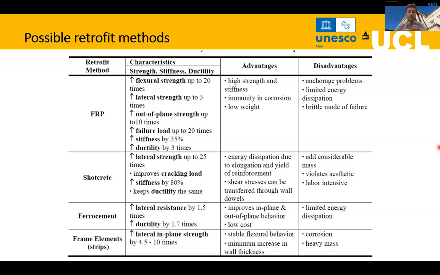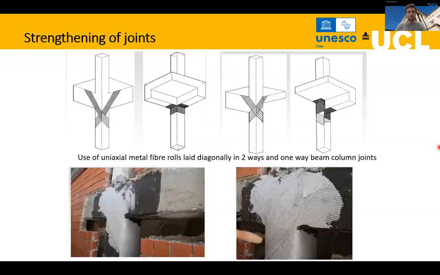It does not dissipate any type of energy, and the brittle mode of failure may also be a problem, while the shotcrete can dissipate some energy, and the shear stresses can also be transferred to these new elements. But on the other side, it will add a lot of mass and maybe also impact the aesthetics of the building. So all of these advantages and disadvantages should be considered during this process.